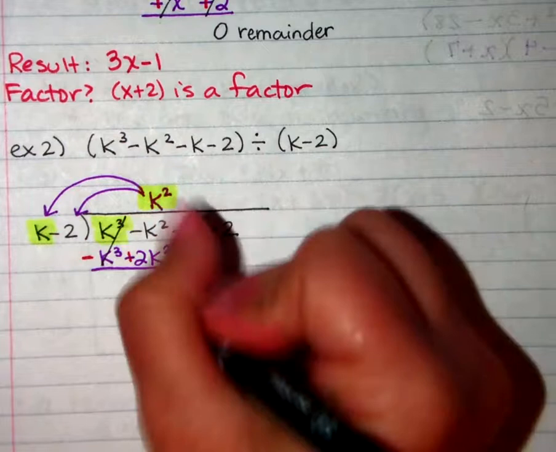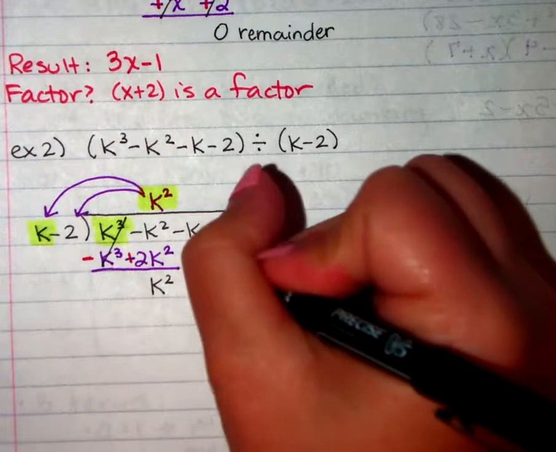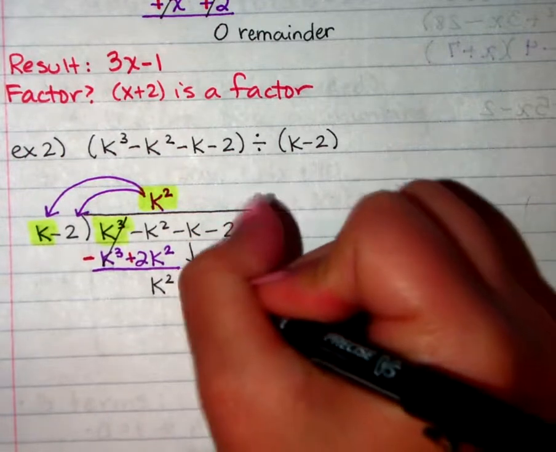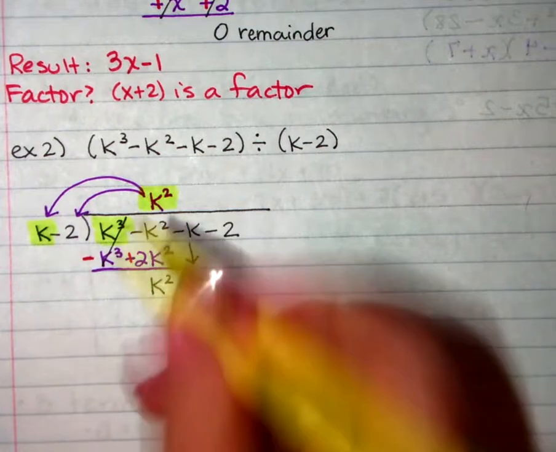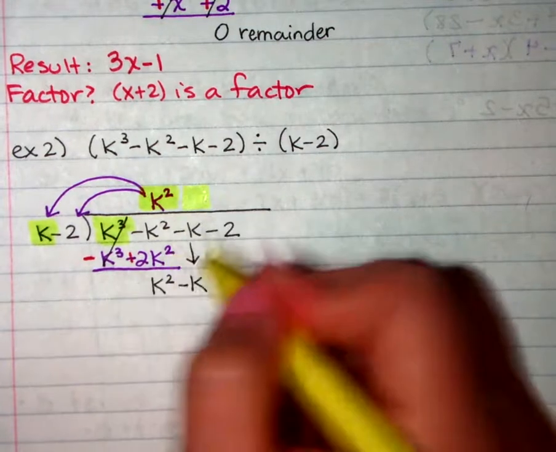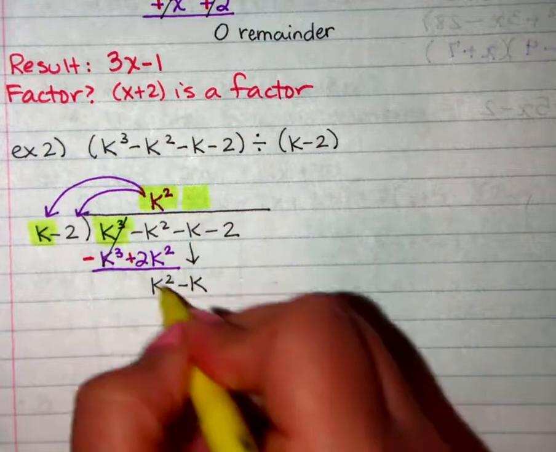Bring down my next term. Start the process all over again. Something here to multiply by k to get k squared, and I'm going to use a positive k. Make sure you put pluses and minuses in between each of the terms. Now k times k is a k squared.